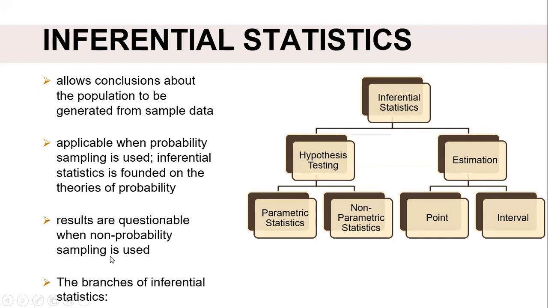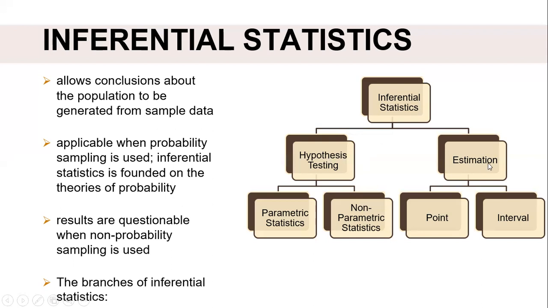That is why it is very important that you know what sampling technique you utilized, because later on it might affect the type of generalization or conclusion that you could get from your data. And the branches of inferential statistics are the following. In doing inferential statistics, you could do either estimation or hypothesis testing.